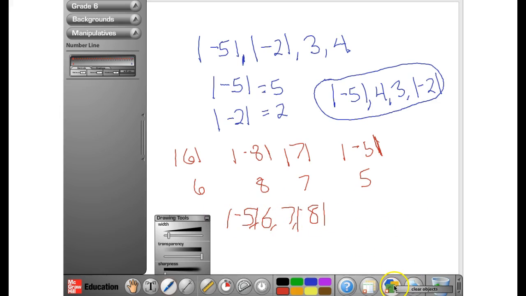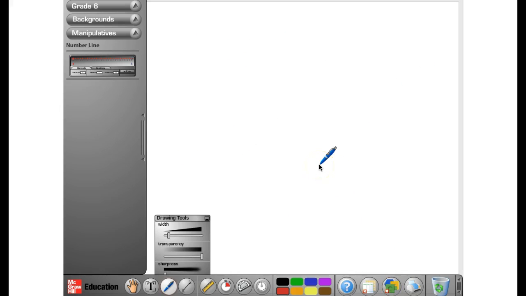Let's go ahead and clear this. Now I'm going to put a few values up here, and let's see if we can figure out how these could look as an inequality. Now, inequality, that's just where you say one value is greater than or less than another.